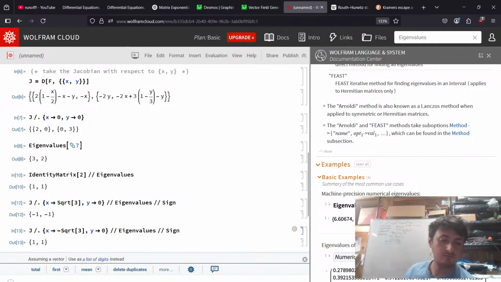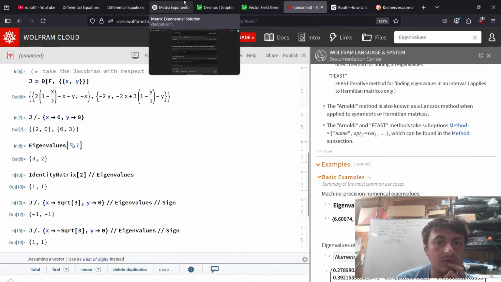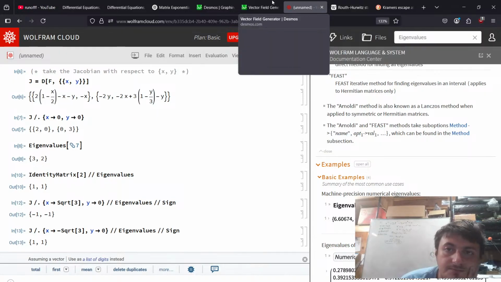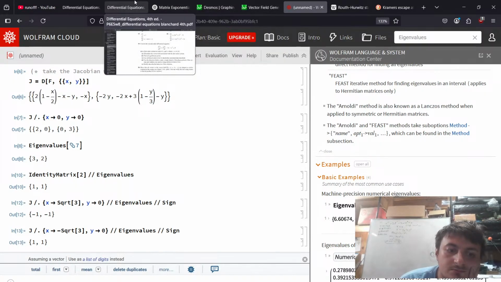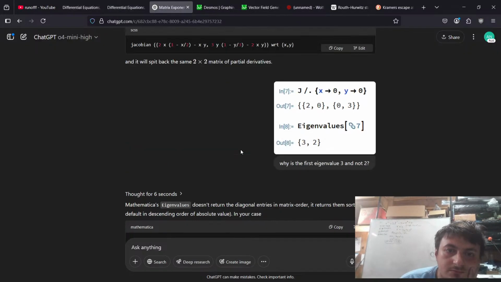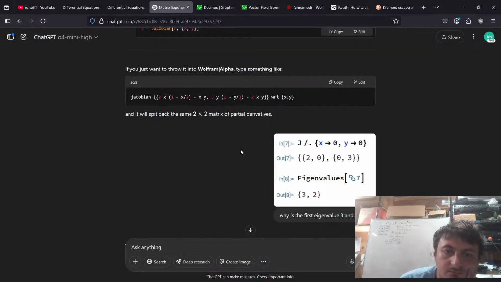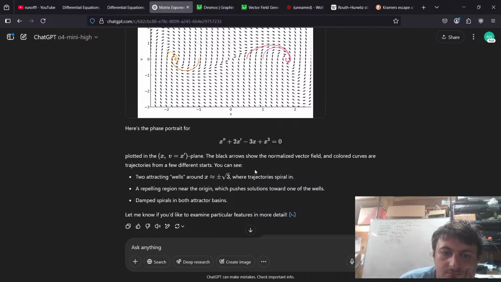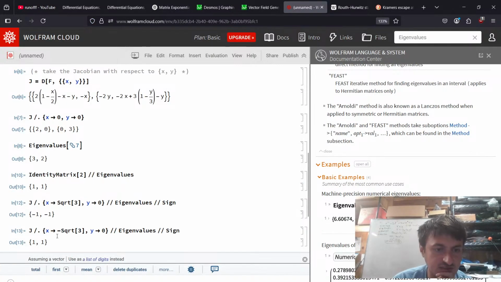Wait. What? Wait, why did this not work? Minus square root of 3 should be.